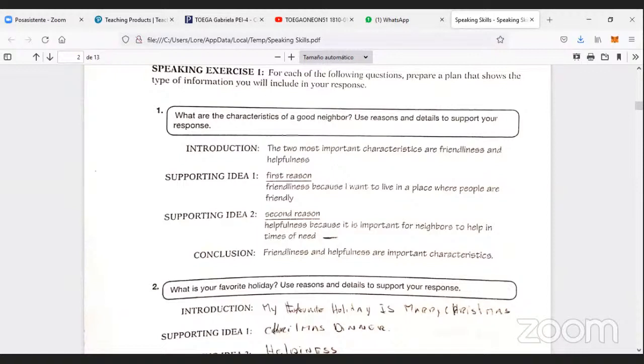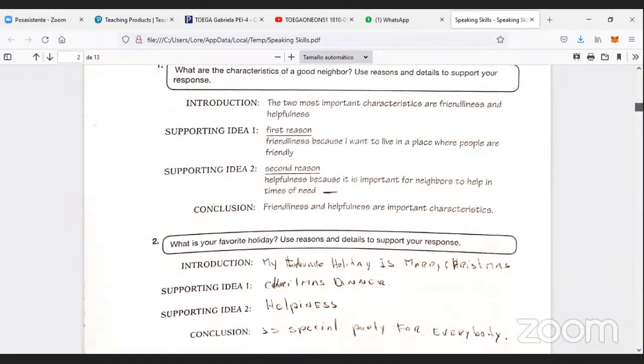Okay, Gabby. Let's start with the first question. What is your favorite holiday? Okay. My favorite holiday is... What is a favorite holiday?